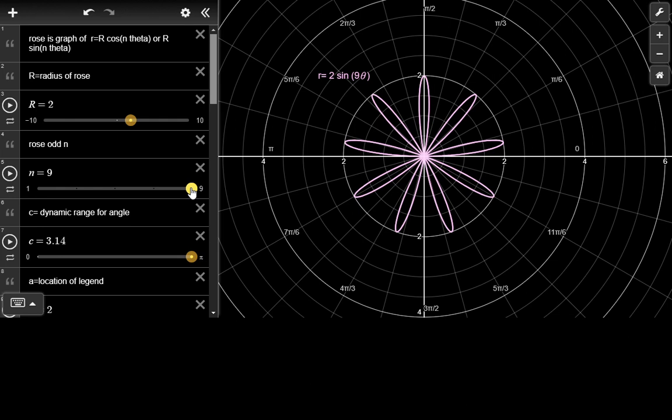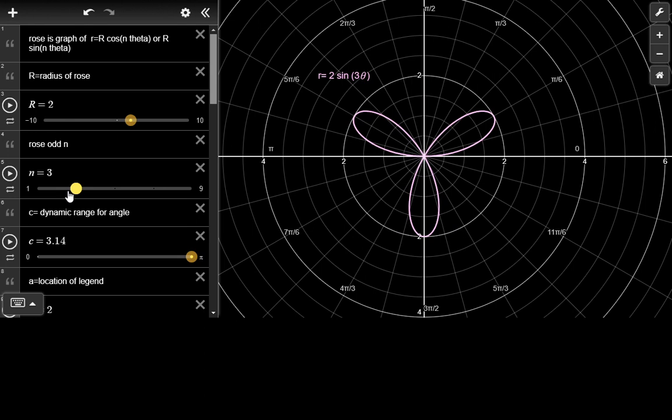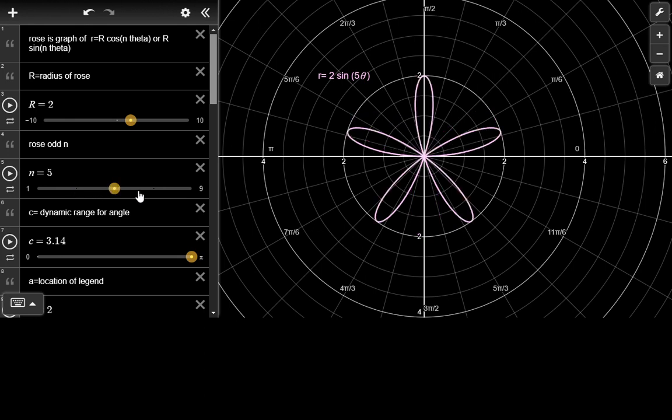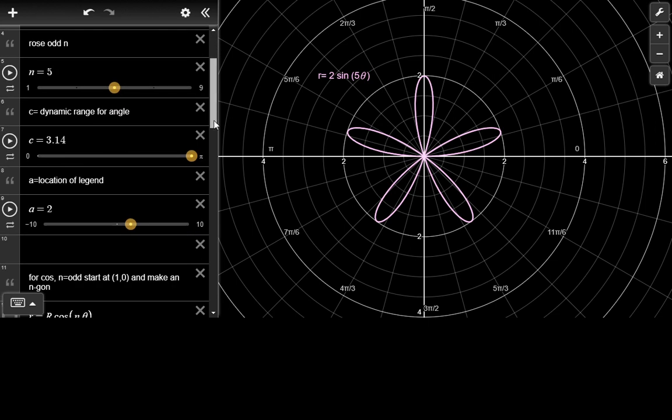So we did 3. Let's do 5 again, just to see how it is built. We are starting at 0. In this software I set it to start at 0. So we go through these.